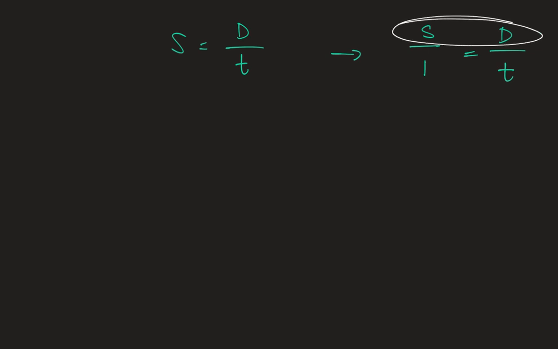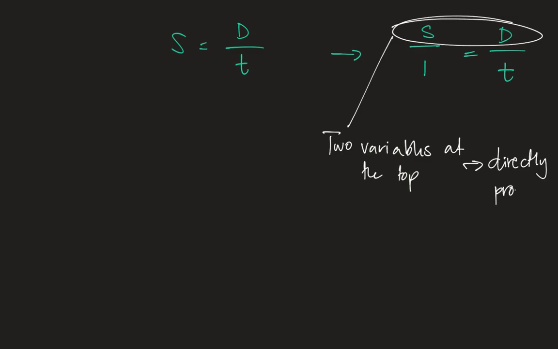If I had speed is equal to distance over time, what that translates to is speed over 1 is equal to distance over time, because any whole number by itself is a fraction over 1. Now, if a relationship forms by two variables at the top, we say that relationship is directly proportional.